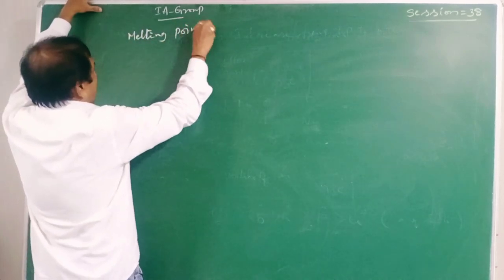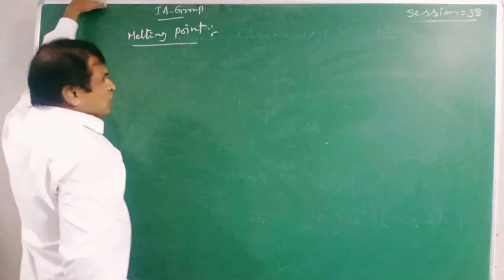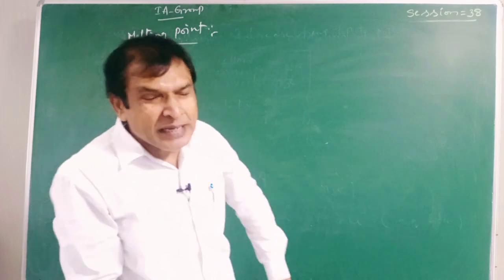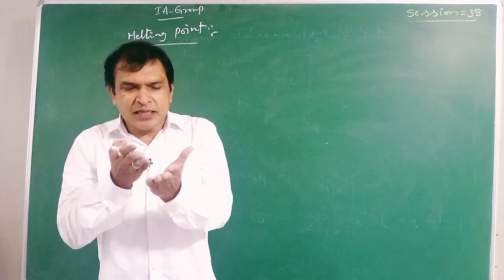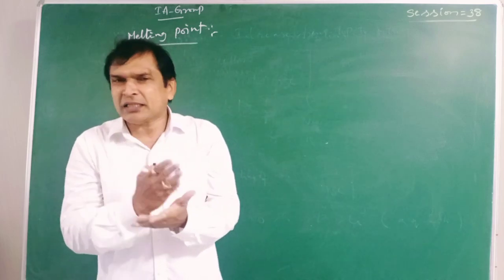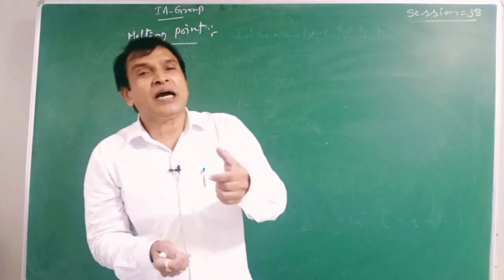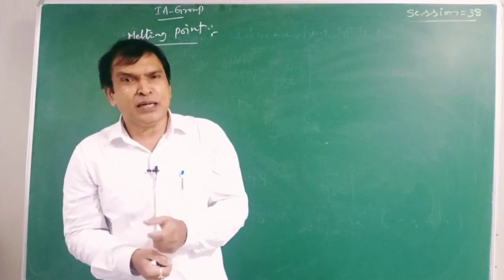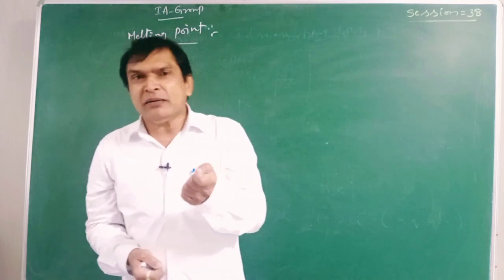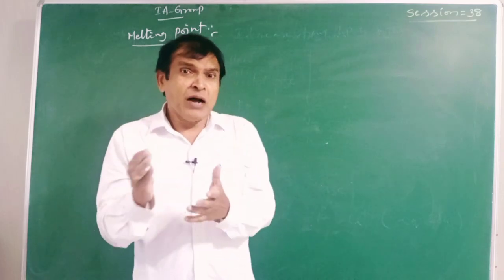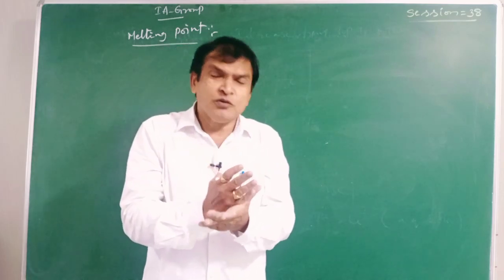All alkali metals can easily be cut with a knife, which means they are soft. They are all soft metals except lithium. Lithium is the only hard metal. The rest of the alkali metals are soft and can be easily cut with a knife.